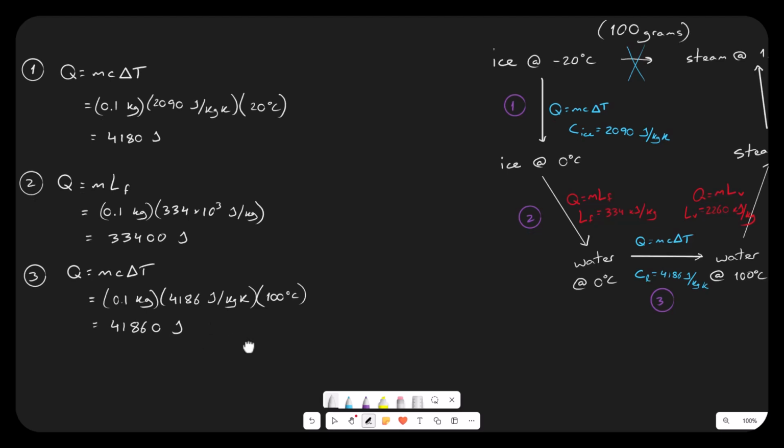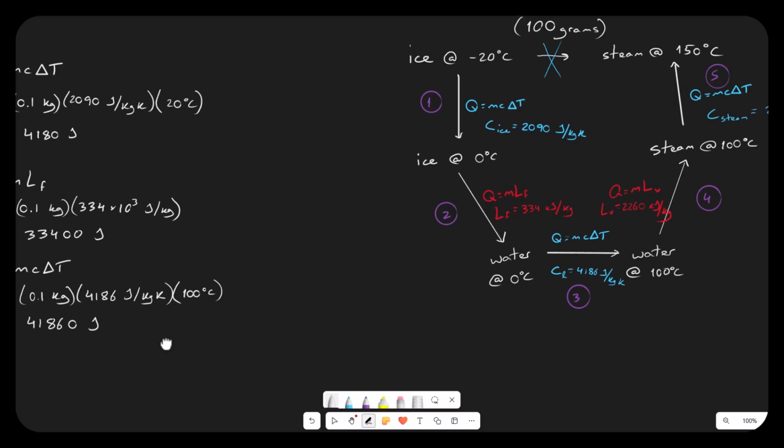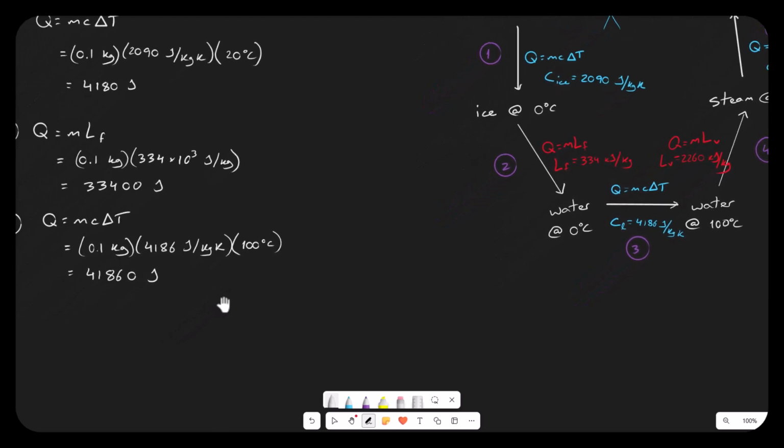There's my step 3. Step 4, I am boiling this thing again. So Q is m times L vaporization. I get my 0.1 kilograms times my 2260 times 10 to the third joules per kilogram equals 2260 times 10 to the second, because that's what the 0.1 does. So 2260 with 2 zeros joules.